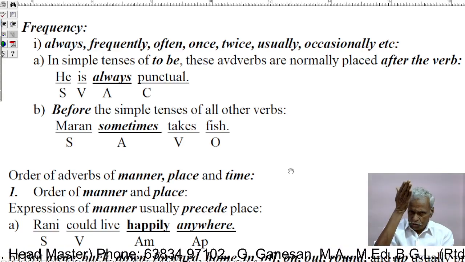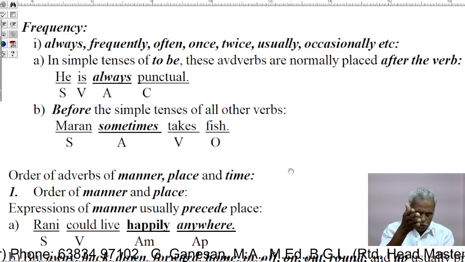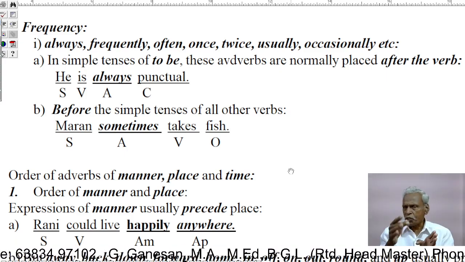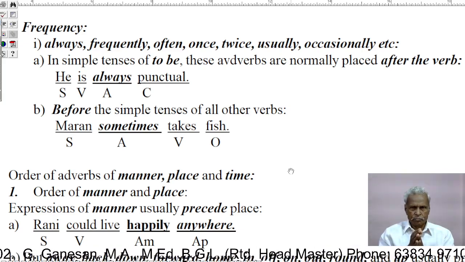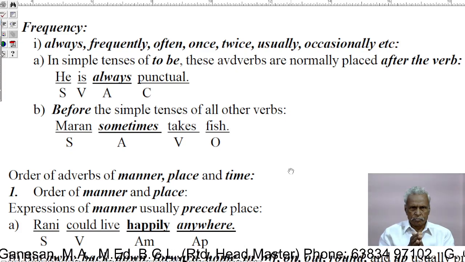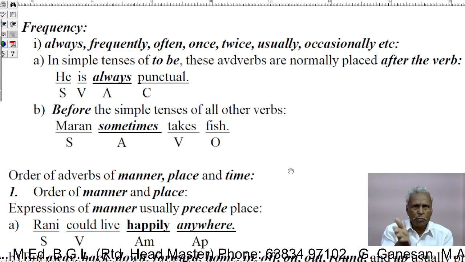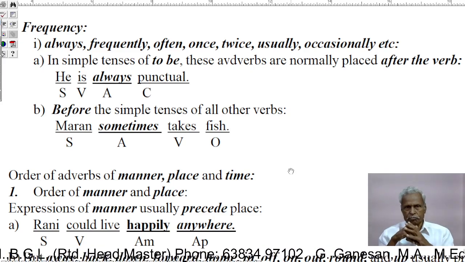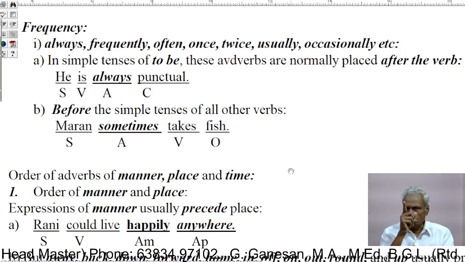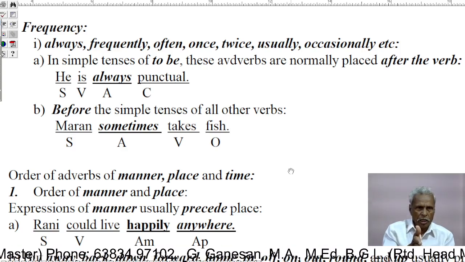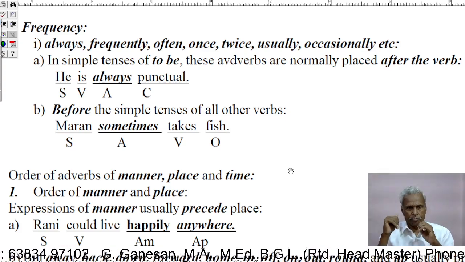When there is only one verb, that is, in simple tenses, this adverb of frequency can be placed after the verb.